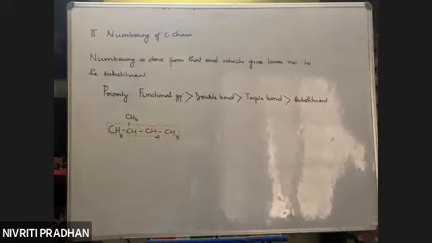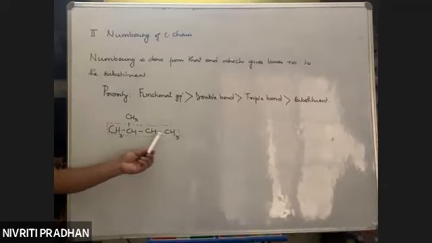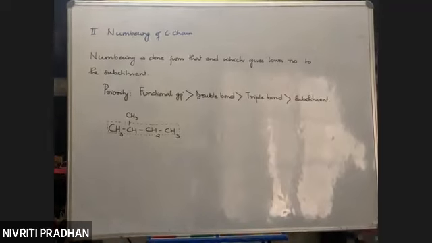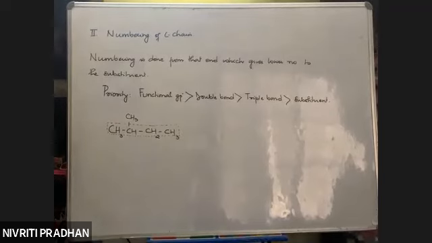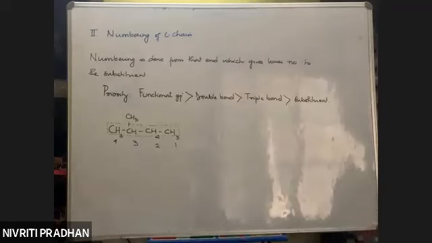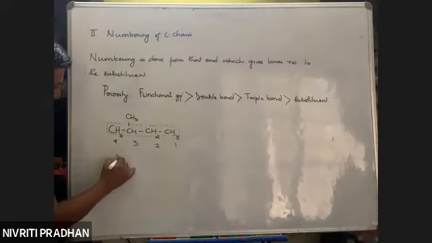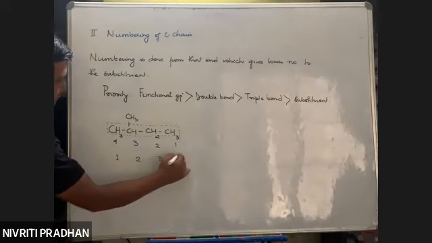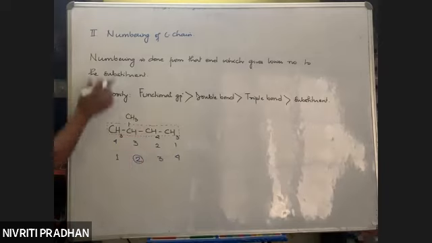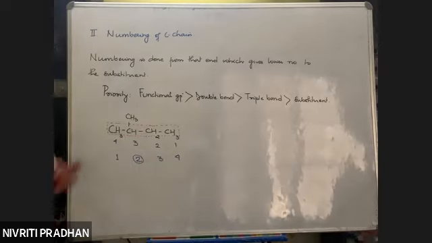If I start numbering from the right hand side, the carbon atom where the substituent is situated will get which number? 1, 2, 3, 4. So the substituent will get number 3. However, if I start numbering from this end, 1, 2, 3, 4, then the carbon atom bearing the substituent will get number 2. So according to this rule, numbering should be done from that end so that the substituent gets the lowest number.